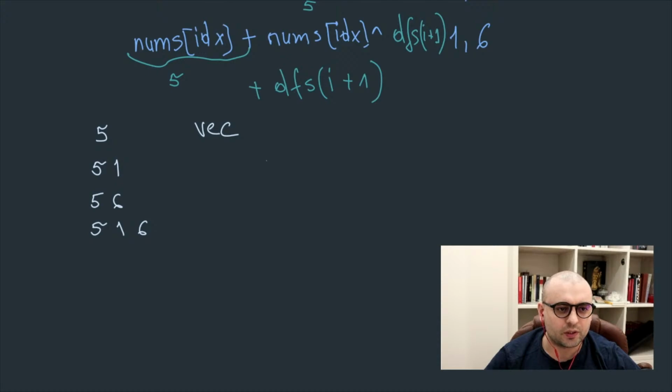So imagine we start. So yeah, let's start again. We have like 5, 1, 6. So we start recursively at position 0. We start here, and in our solution we do not have anything.